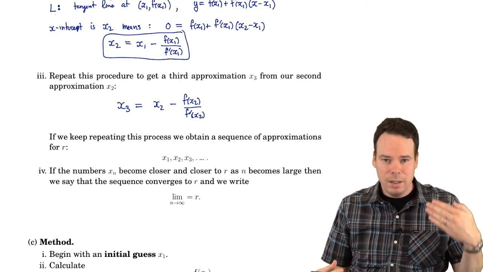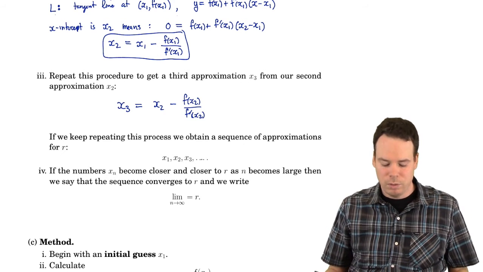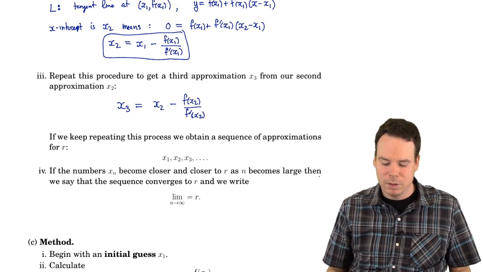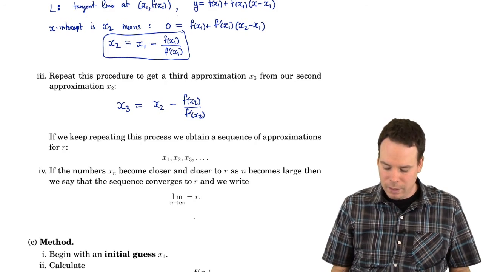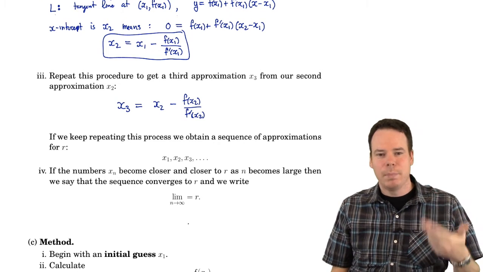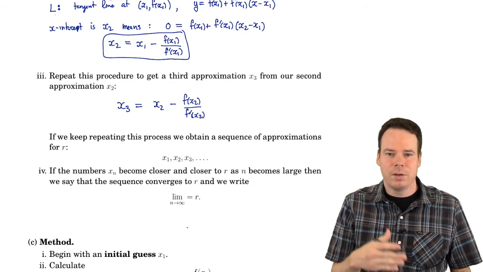And hopefully these are getting closer and closer to the root, the thing we're trying to approximate. If the numbers become closer and closer to r as n becomes large, then we say the sequence converges to r, converges to the root. And that's the key: we can start with an initial guess and try to build up this sequence of approximations, where each one in the sequence is better than the previous one.